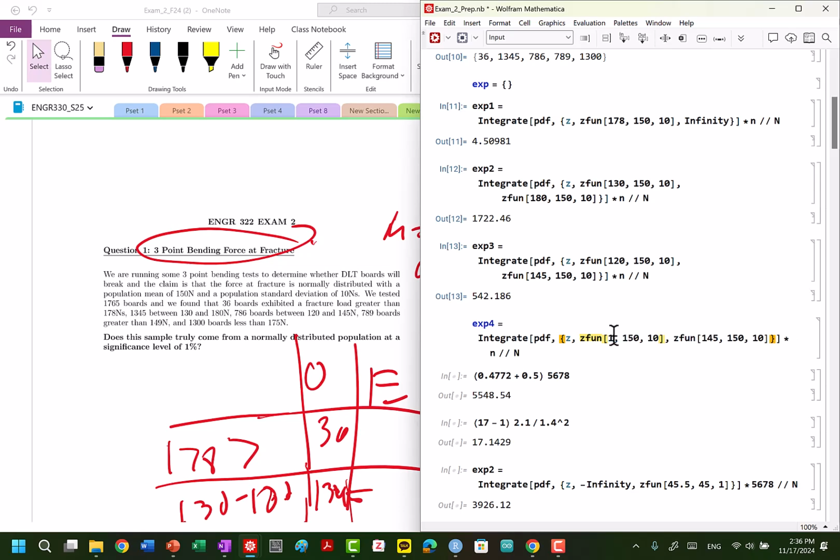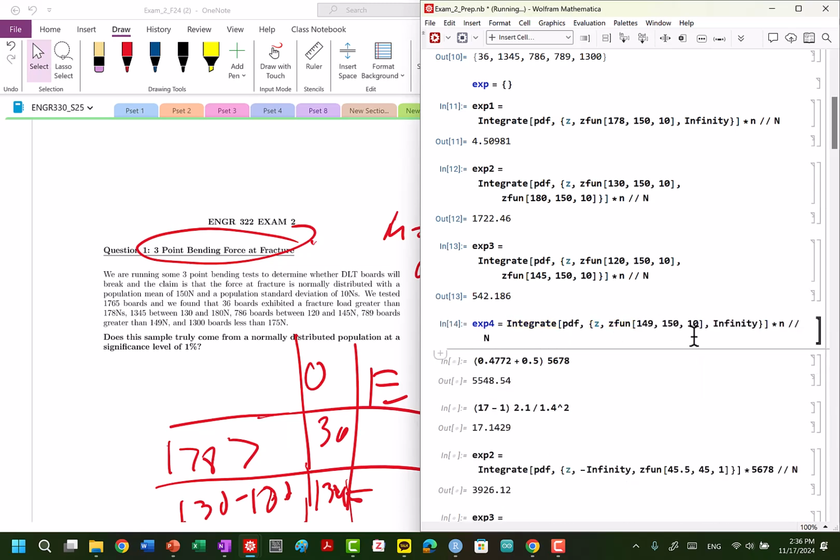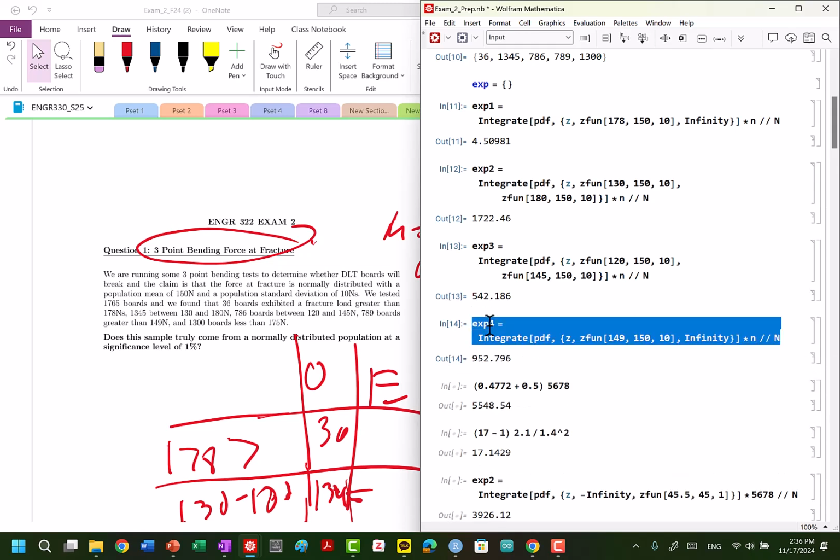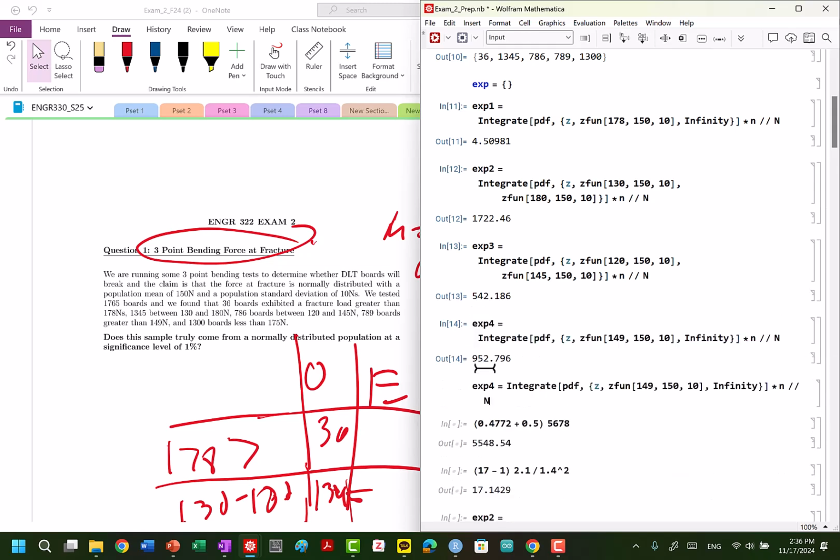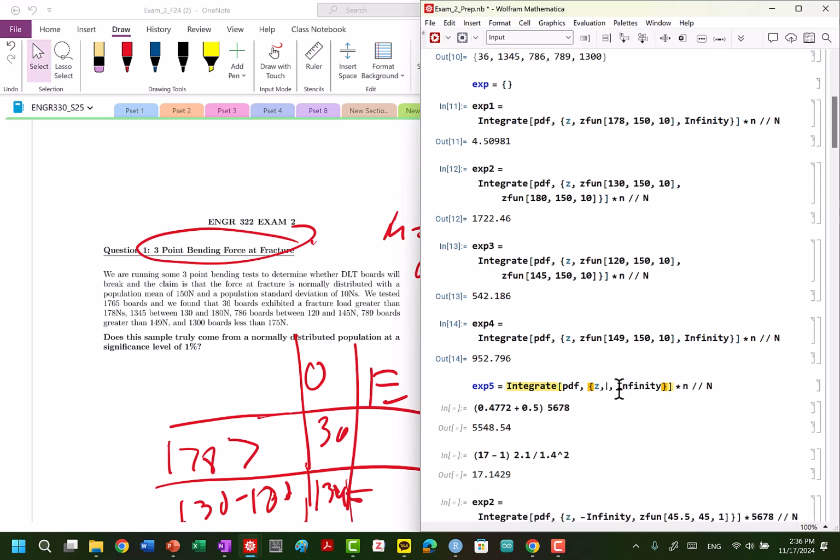So we're going to 149 and then infinity. And then finally expected 5. And you're seeing a big difference, so I bet you we're going to have a big old reject. And then finally less than, so now we're going from minus infinity, and then less than 175.